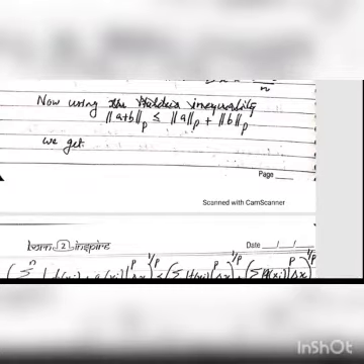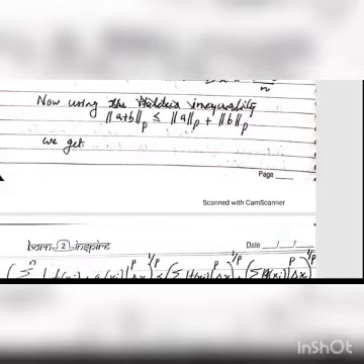So sigma i equal to 1 to n mod f of xi plus g of xi raised to p into delta x, whole thing raised to 1 by p, is less than or equal to (sigma mod f of xi raised to p into delta x) whole thing raised to 1 by p plus (sigma mod g of xi raised to p into delta x) whole thing raised to 1 by p.